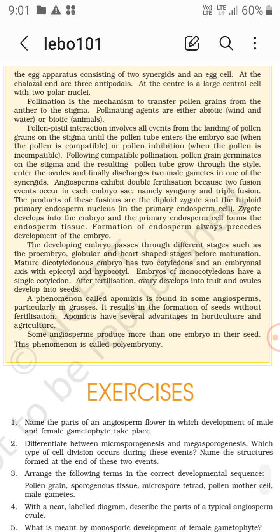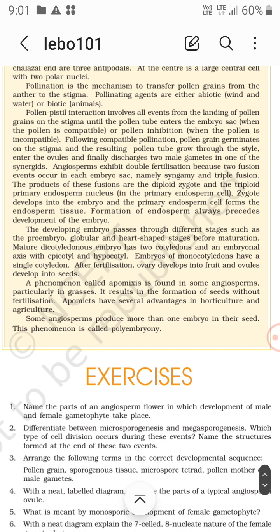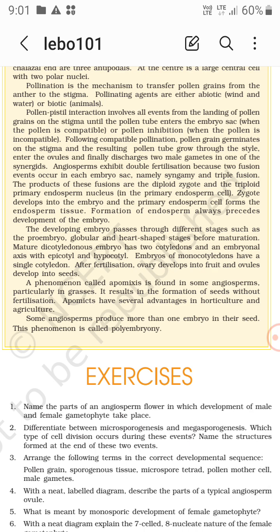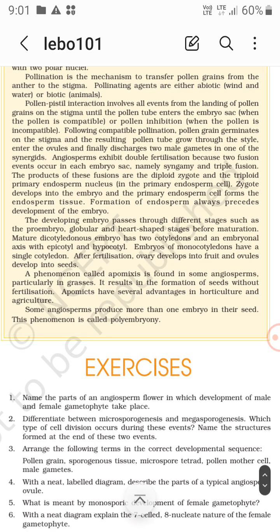So a mature dicot embryo has two cotyledons and an embryonal axis with epicotyl and hypocotyl, right? The epicotyl is at the tip.